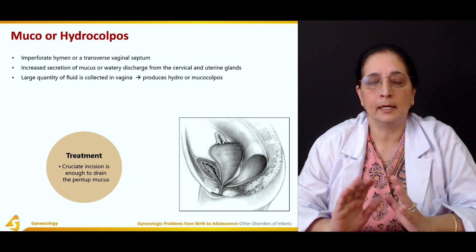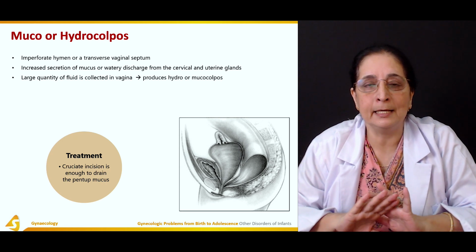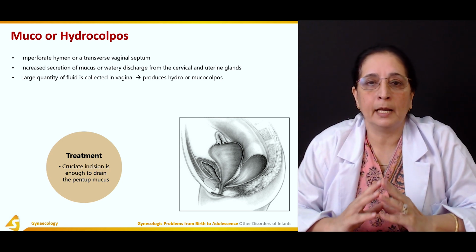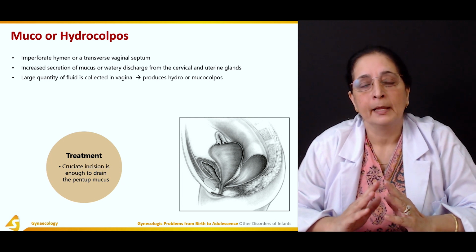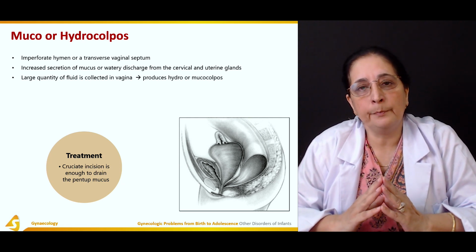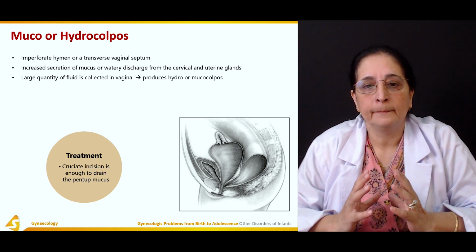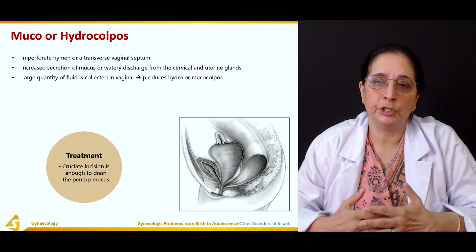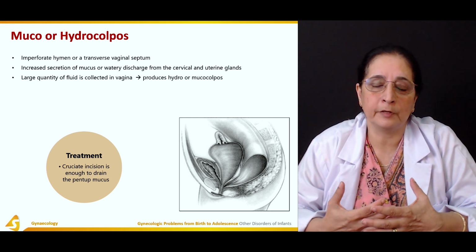The hymen, as we talked about before, is the lining present at the outlet or opening of the vagina. When it is imperforate, or not perforated, there is usually a collection of mucus or other secretions.